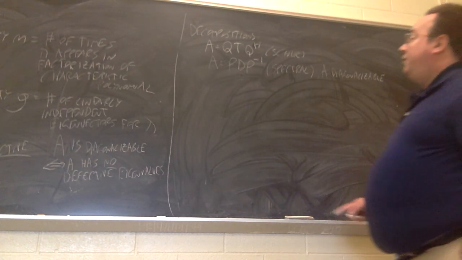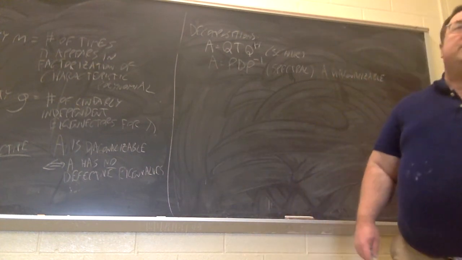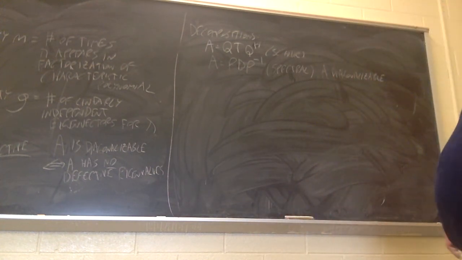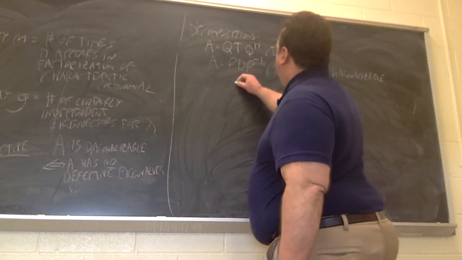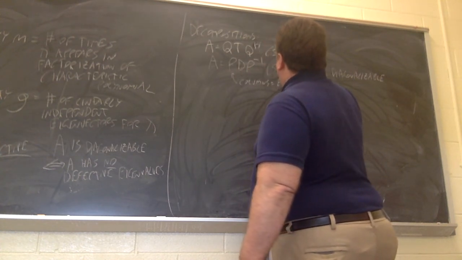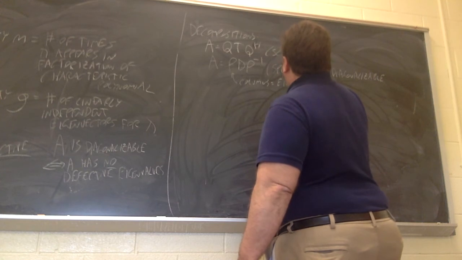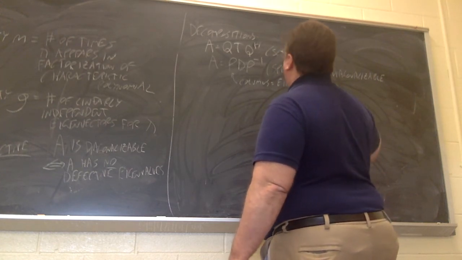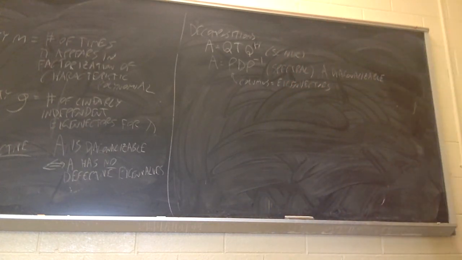And at least this one gives us the eigenvectors. So the columns of P are the eigenvectors. In both cases, the diagonal entries of T or D are the eigenvalues.